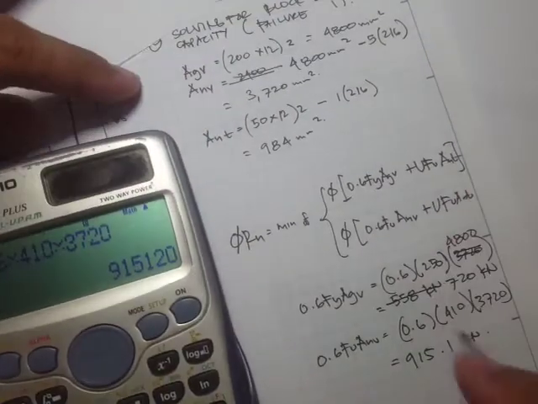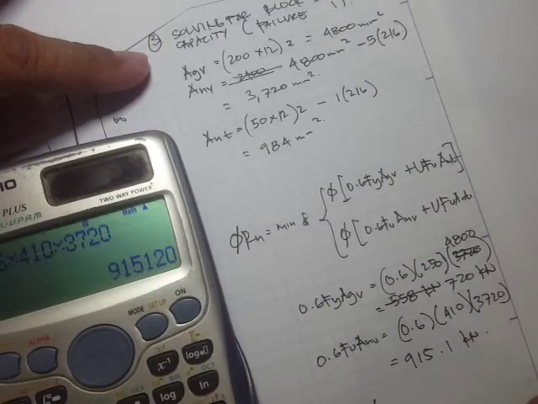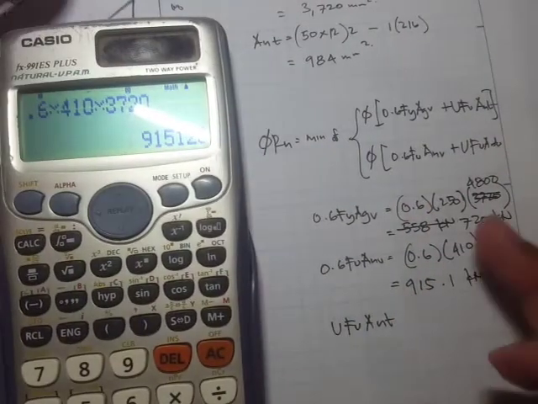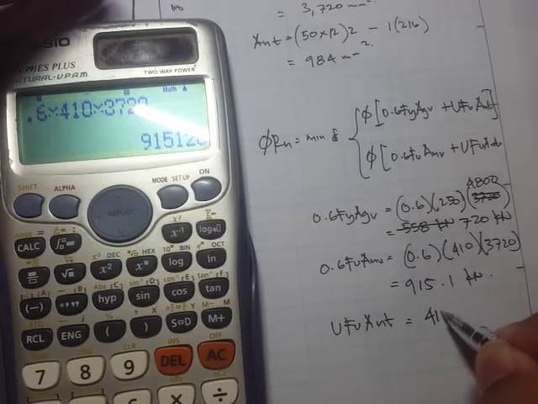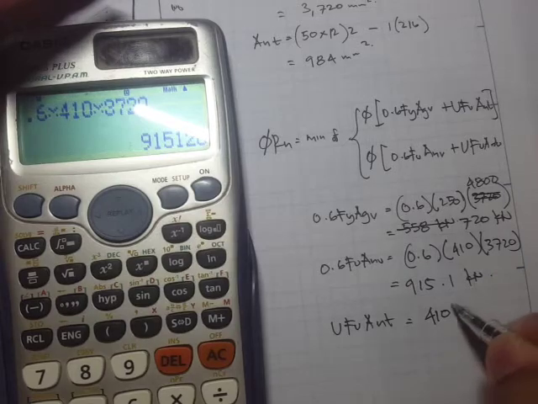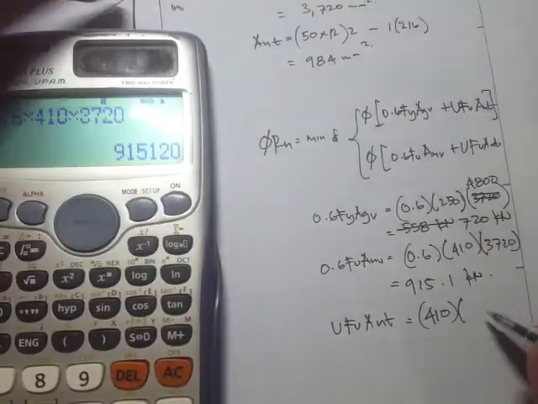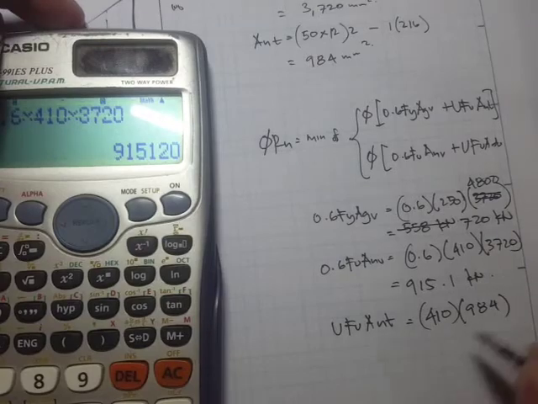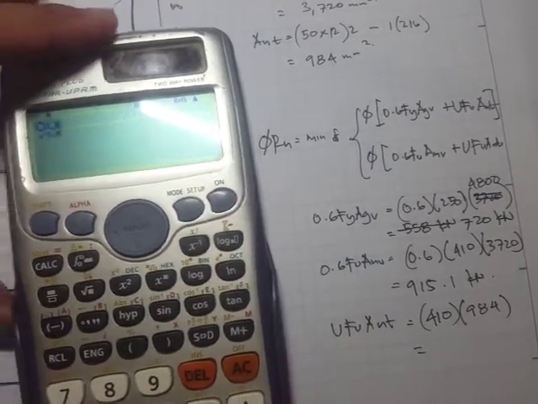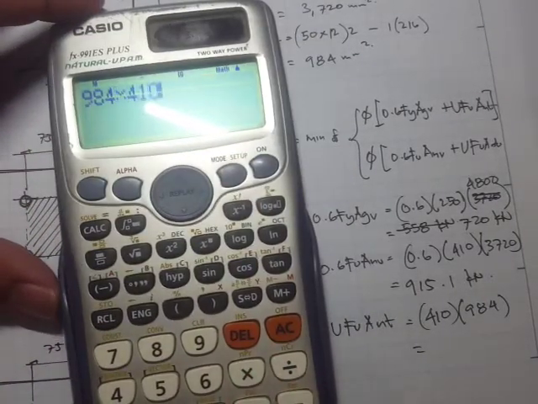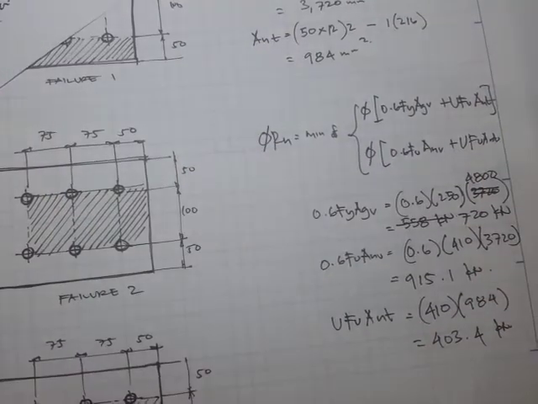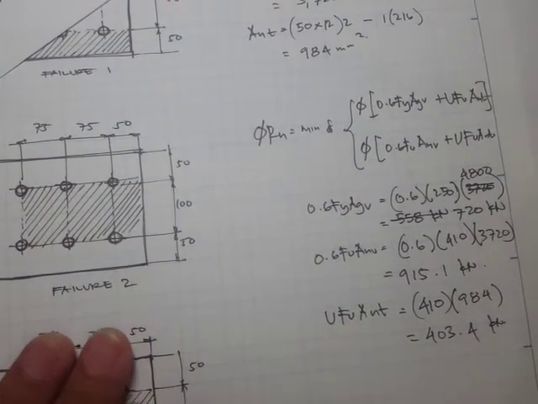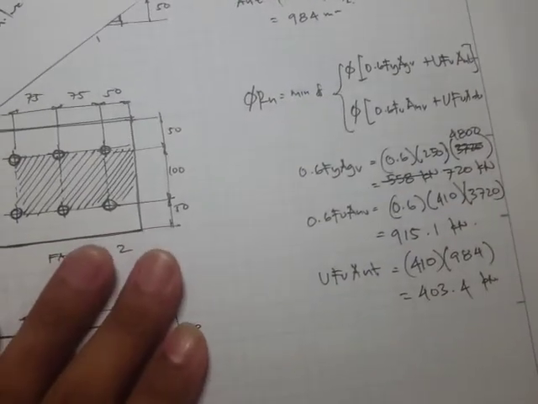And for our second term, U Fu Ant, this U is just equal to 1. Then Fu is 410 times the net area, which is 984. So 984 times 410 is going to be 403.4 kilonewtons. Okay, so now let's substitute all the values.